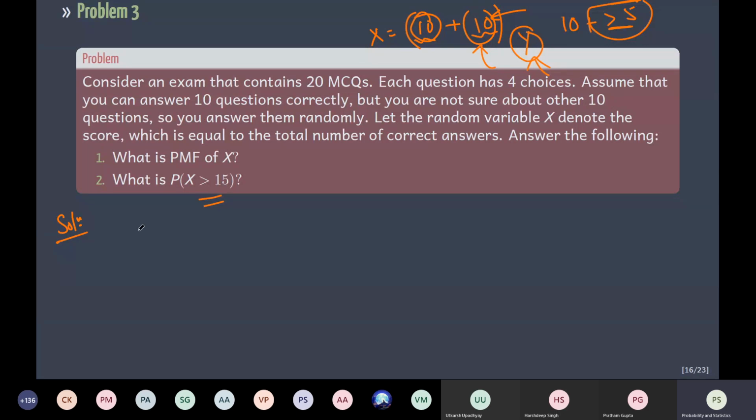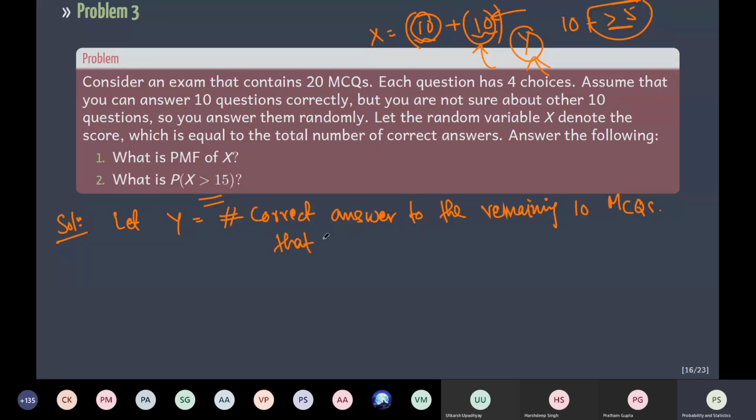So let us now formalize this. Let Y be the number of correct answers to the remaining 10 MCQs, the ones that you are not sure about, and that you answer randomly.